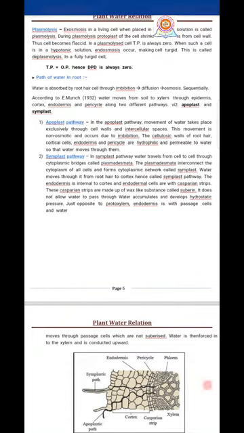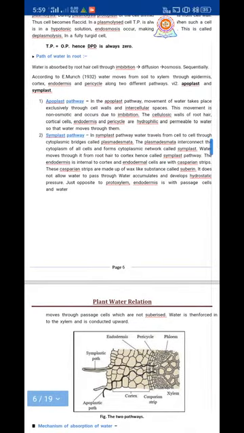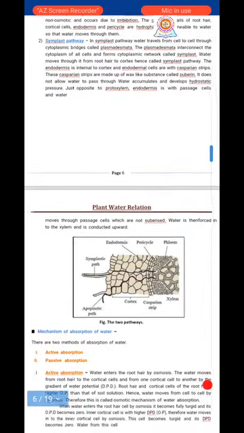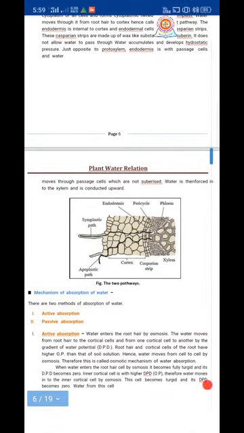So water accumulates and develops hydrostatic pressure. Just opposite to the protoxylem, the endodermis has passage cells and water moves through the passage cells, which are not suberized. Water is then forced into the xylem and is conducted upward. This is the symplast pathway.